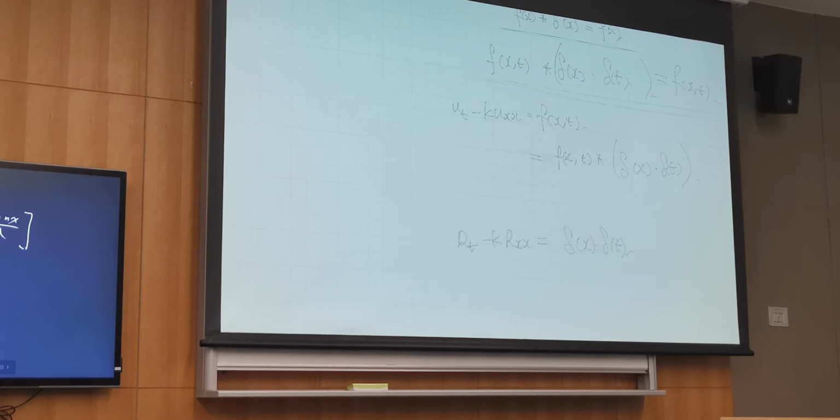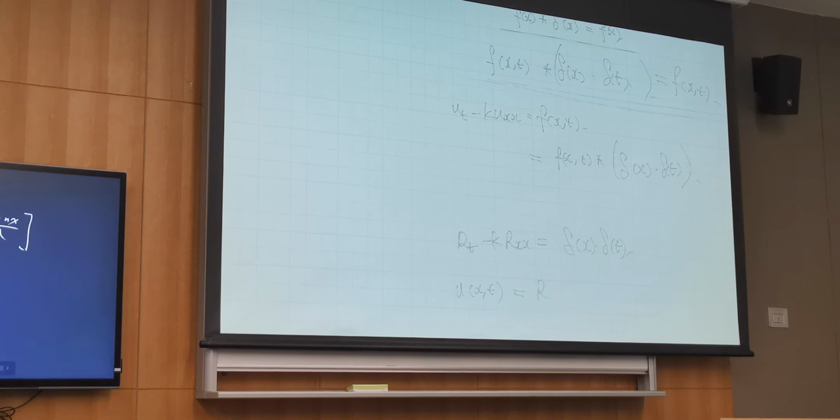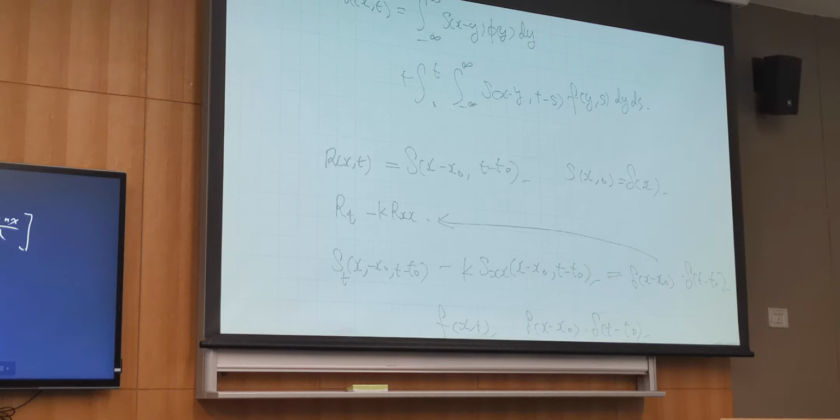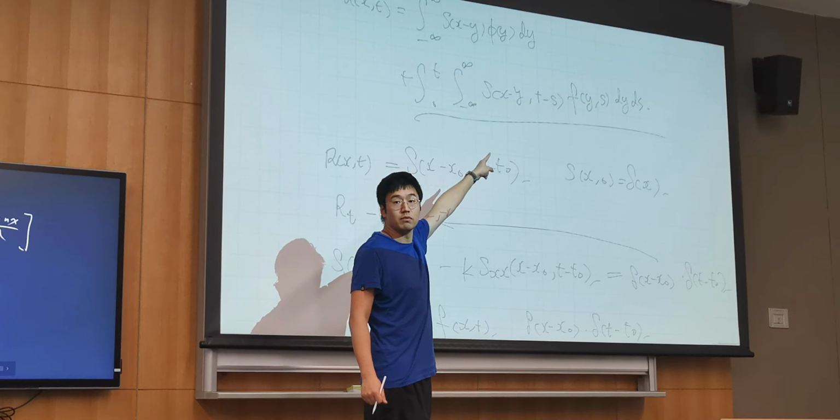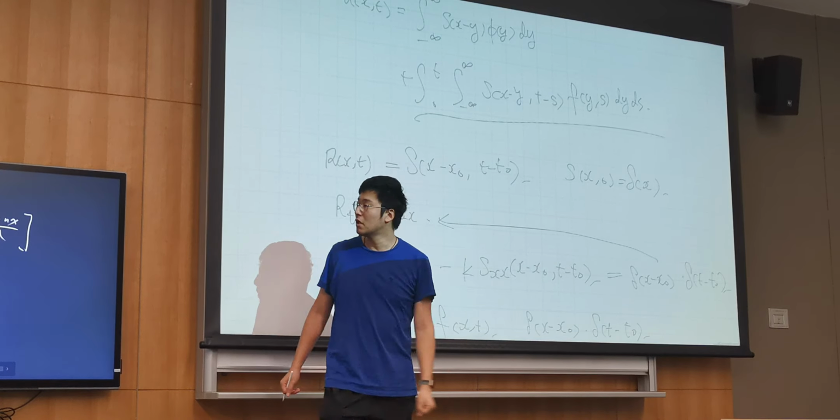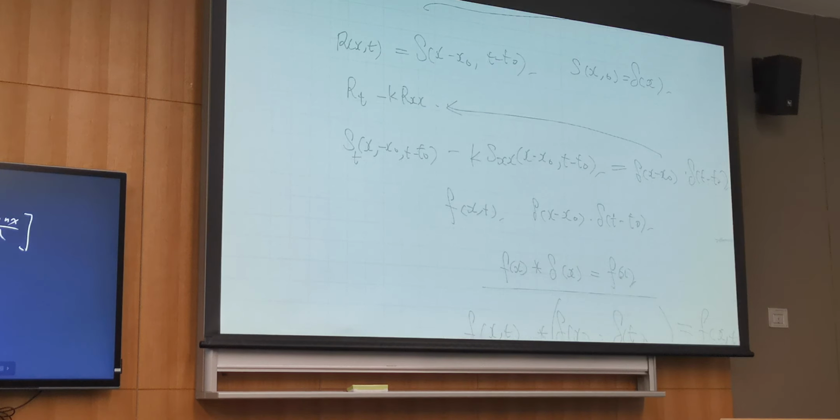Then u(x,t) will exactly be f(x,t) convolved with R(x,t). Again, this needs a 2D convolution instead of 1D. So this is one idea about that.